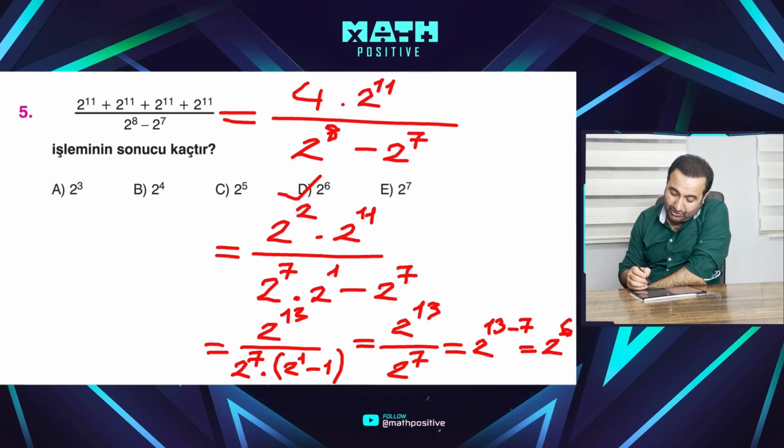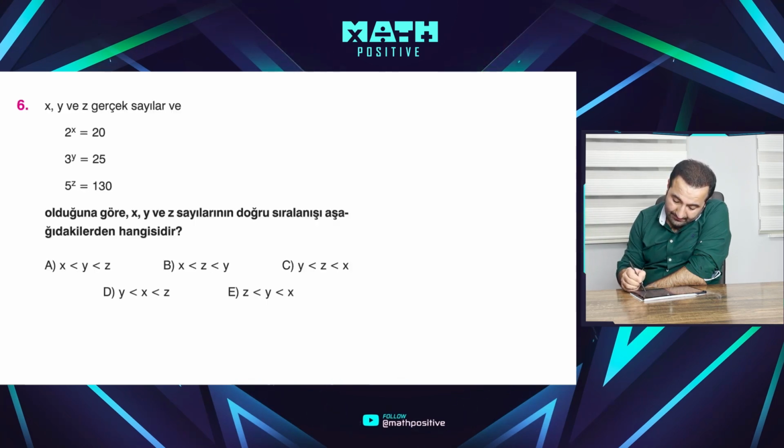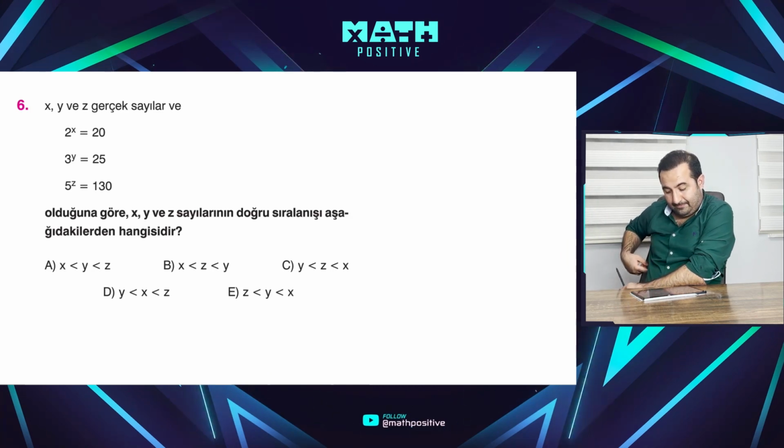And this is the division rule. We subtract 7 from 13 and find 2 to the power 6, which is again D, our answer.